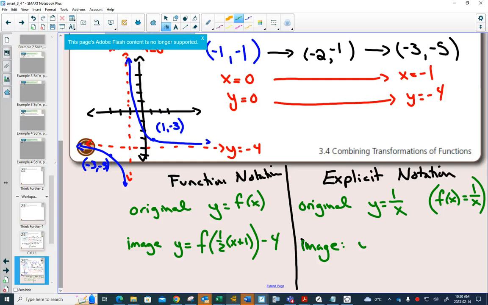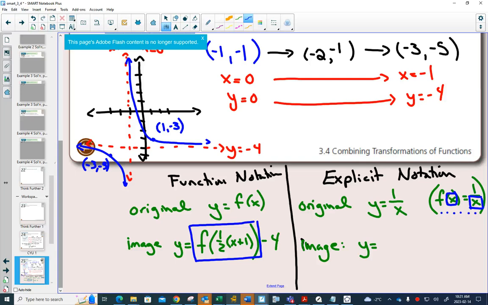So it's going to be y equals, just like y equals on this side, but instead of the function, and I'm putting the function in blue here, instead of that function, we need to write that as explicit notation. And what's the relationship? Whatever is inside the function in function notation has to replace the x in the explicit notation.